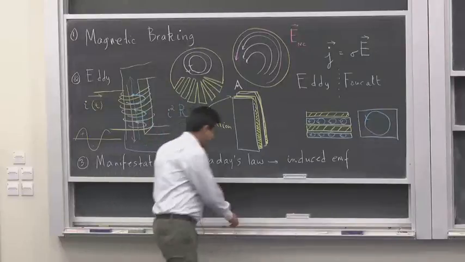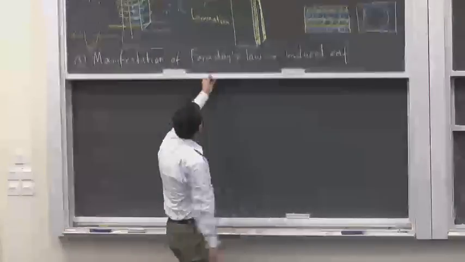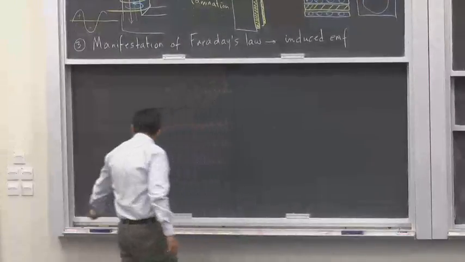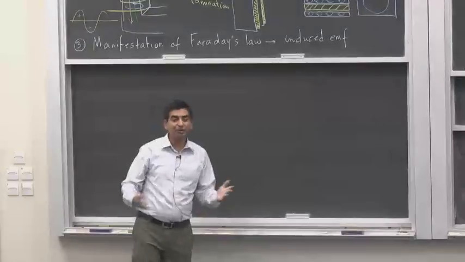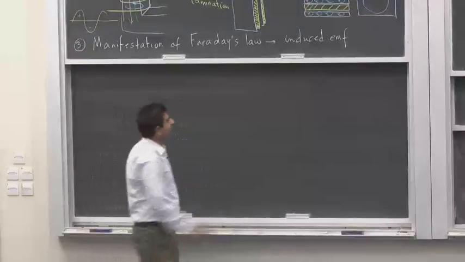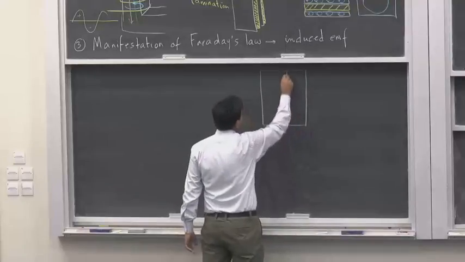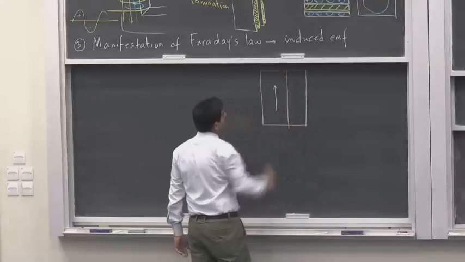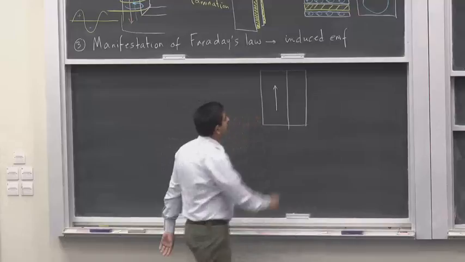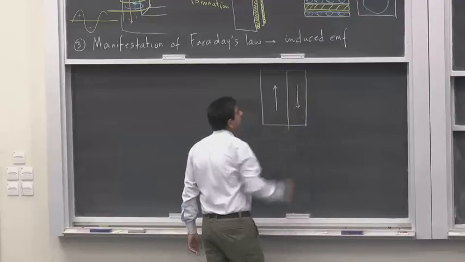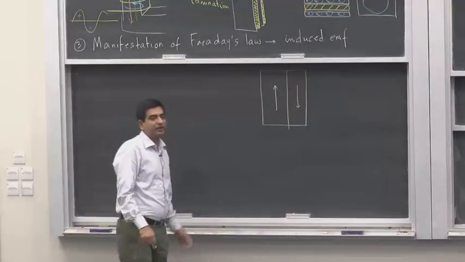Another very interesting effect of eddy currents, before I move on to this manifestation of Faraday's law: suppose you have a ferromagnetic material and there is domain wall motion inside it. So I have a material in which there is a domain which has its moment pointing in one direction, and in a neighboring domain the moment is pointing in the opposite direction.